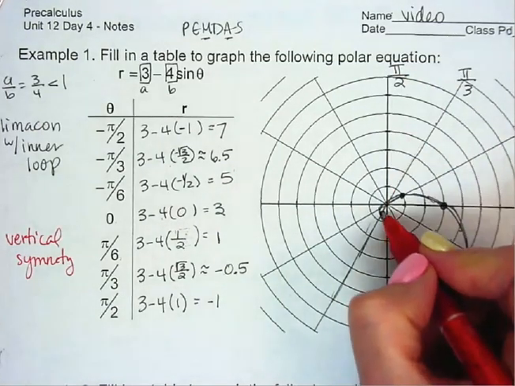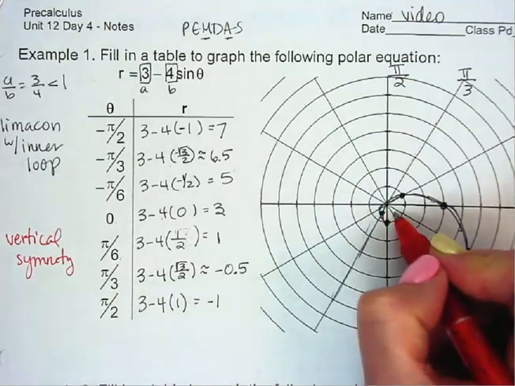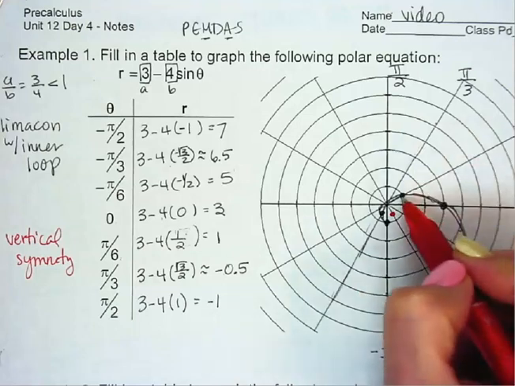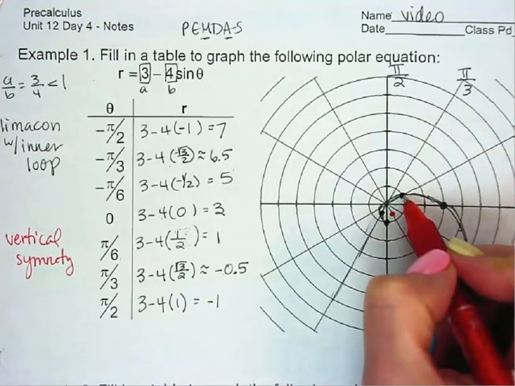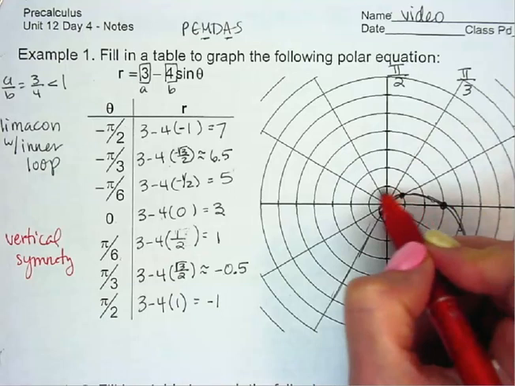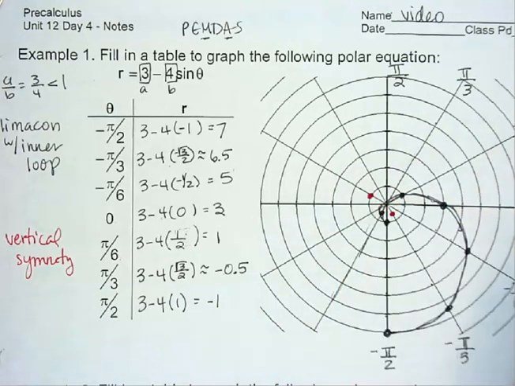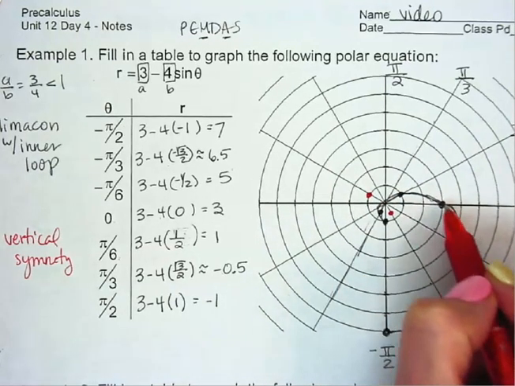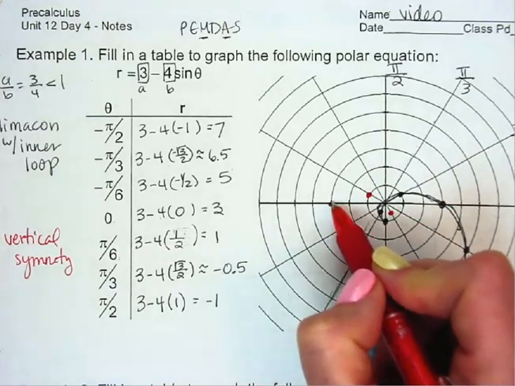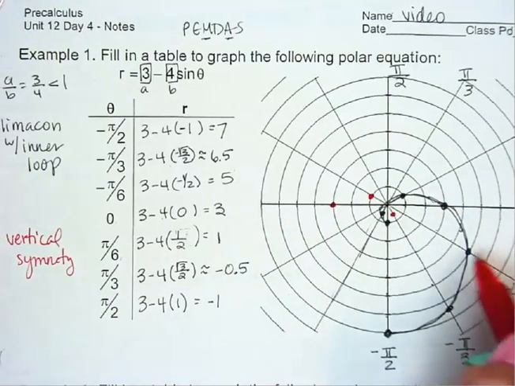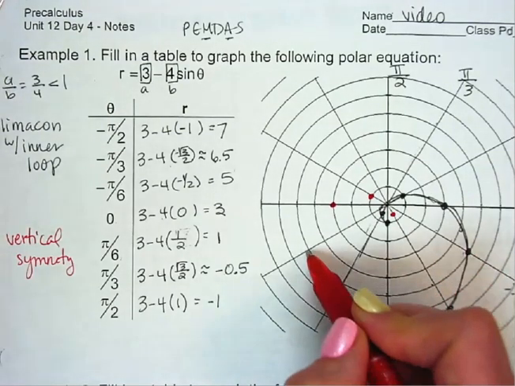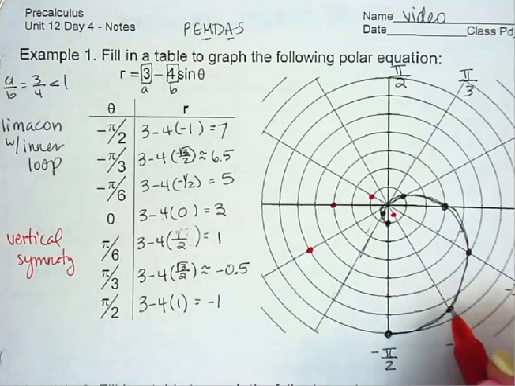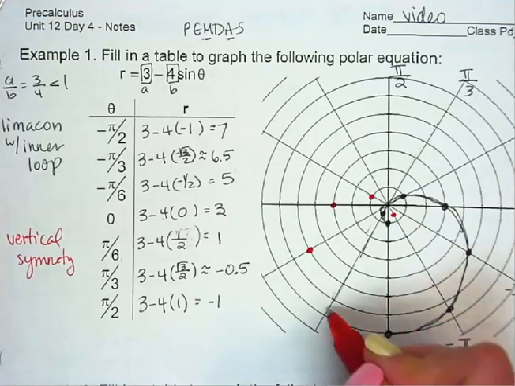So this point here at π over 3 symmetrically goes here. This point at π over 6 reflects to here. This point on the 0 reflects over here. This point at the negative π over 6 reflects here. And then this one at the negative π over 3 goes here.